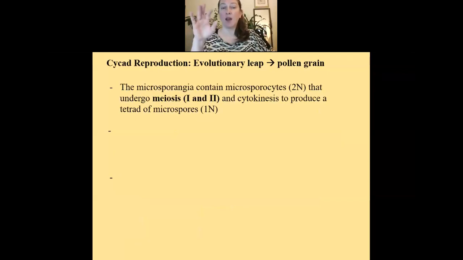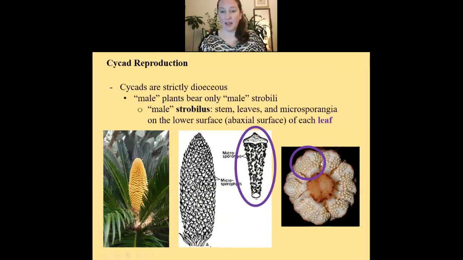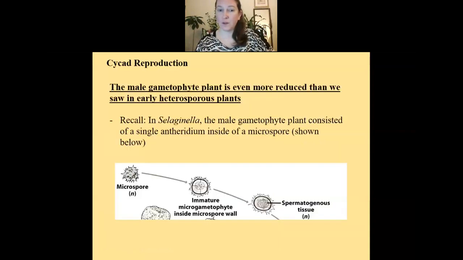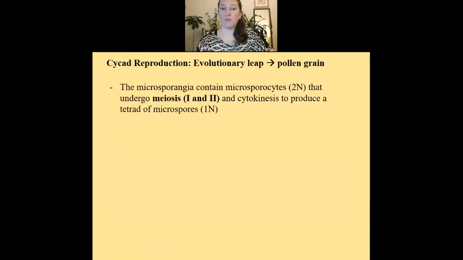Remember, you have a microsporangium, which in cycads looks like this. Each of these dots on the bottom of this leaf is one microsporangium. So this leaf has, I don't know, maybe 20 microsporangia. Inside of the microsporangia, you have the microsporocytes that are 2N that will undergo meiosis and cytokinesis to produce microspores.